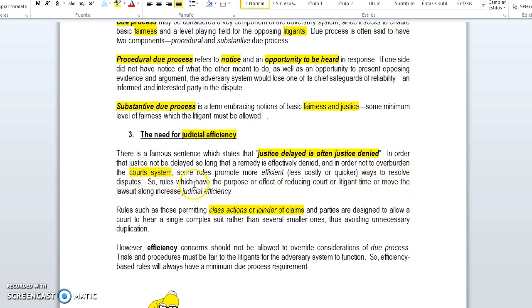So, rules which have the purpose or effect of reducing court or litigant time or move the lawsuit along increase judicial efficiency. Rules such as those permitting class actions or joinder of claims and parties are designed to allow a court to hear a single complex suit rather than several smaller ones, thus avoiding unnecessary duplication.